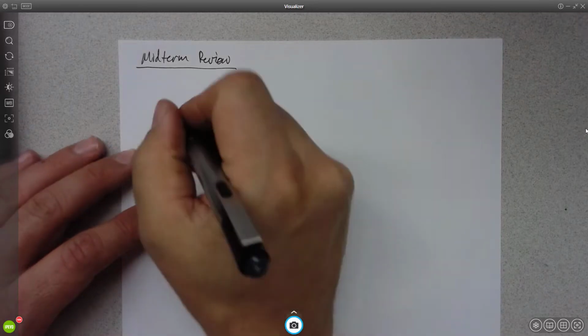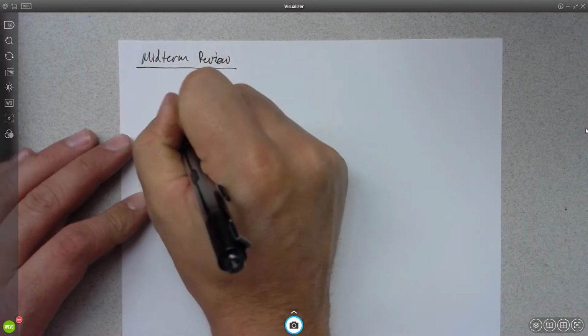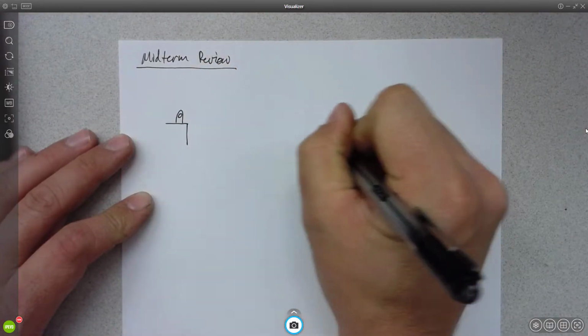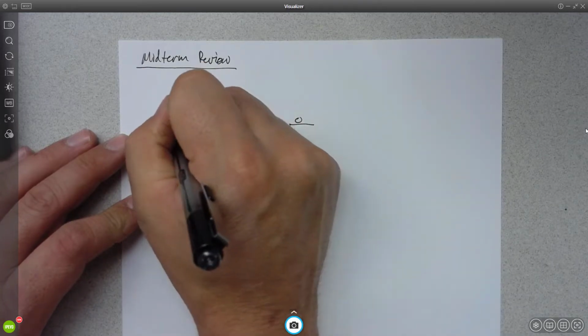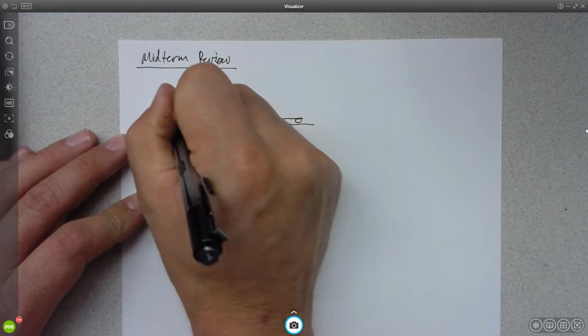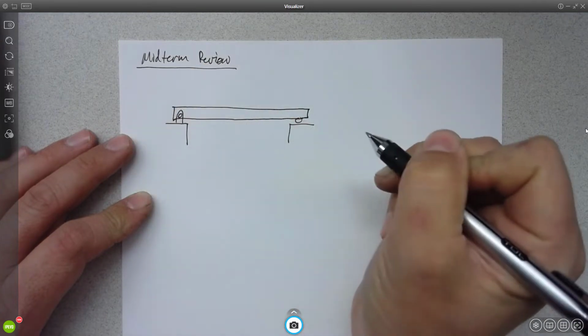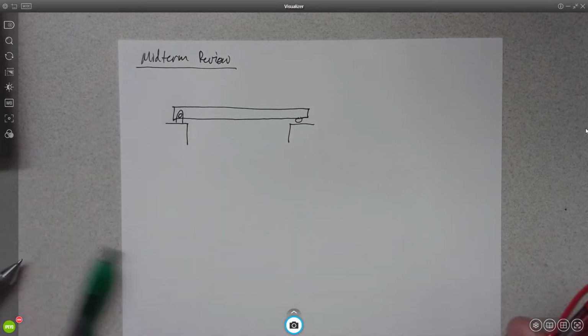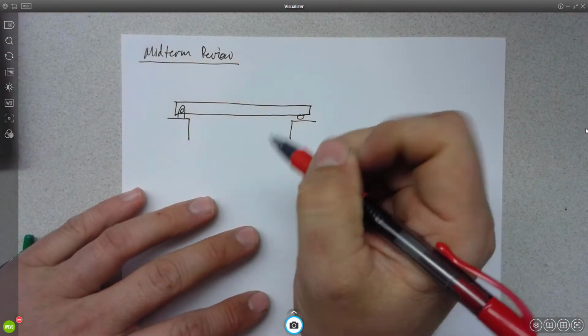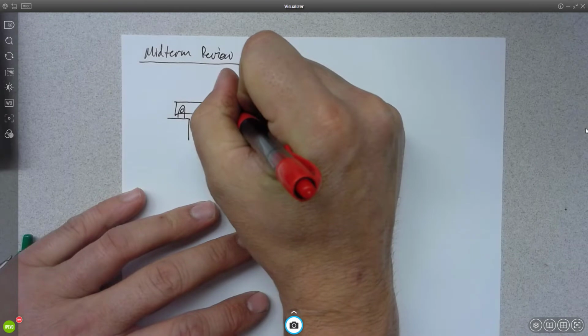How should I explain this? Well, let's do an example. Okay, we've got a beam, and let's say it's got a distributed load in the middle here.